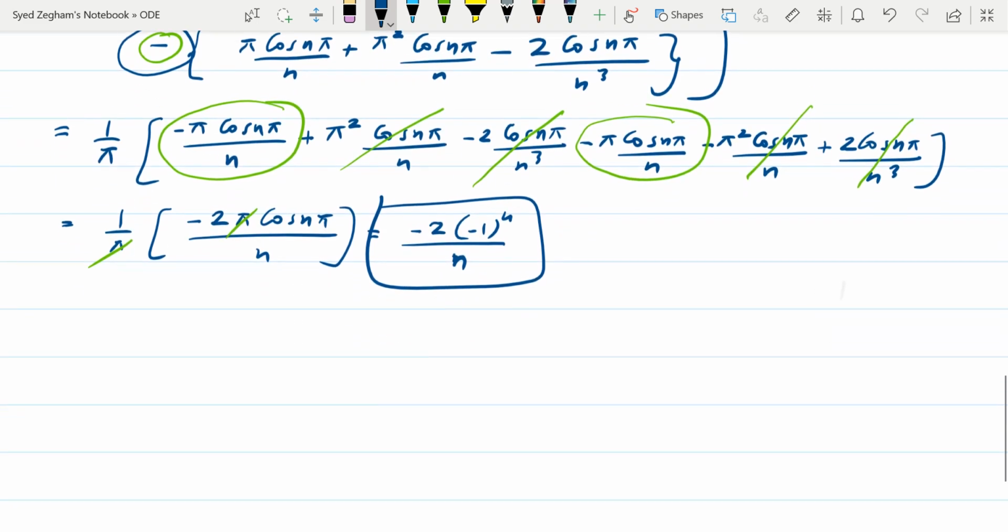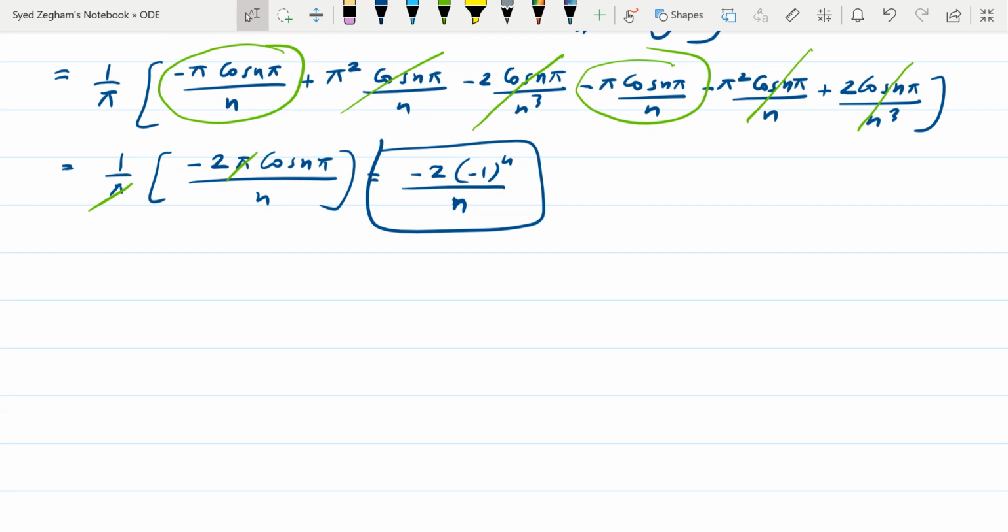Now you are in a good position to write your Fourier series.